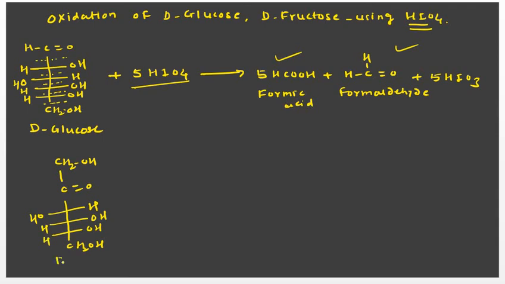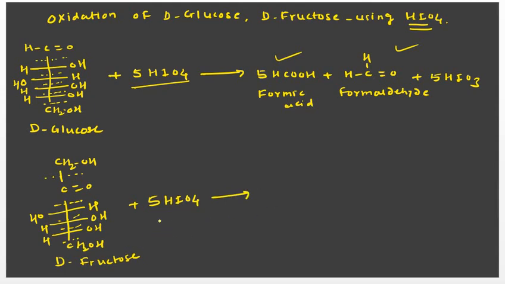So this is the structure of D-fructose, I can say. Now here how many pairs of vicinal diols are there? See, this is 1, this is 2, 3, 4 and 5. So here also we will require 5 HIO4 molecules to break down this D-fructose.